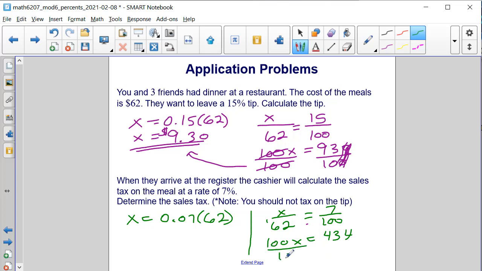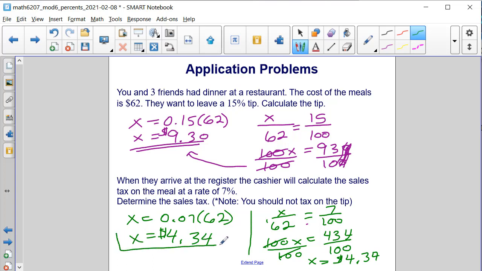And then if we divide both sides by 100, we would basically move the decimal point 2 spaces over, and we would get that x is equal to $4.34. And if we multiply 0.07 or 7/100 times 62, we do get $4.34 as the sales tax that we would have to pay the cashier in addition to the total bill.